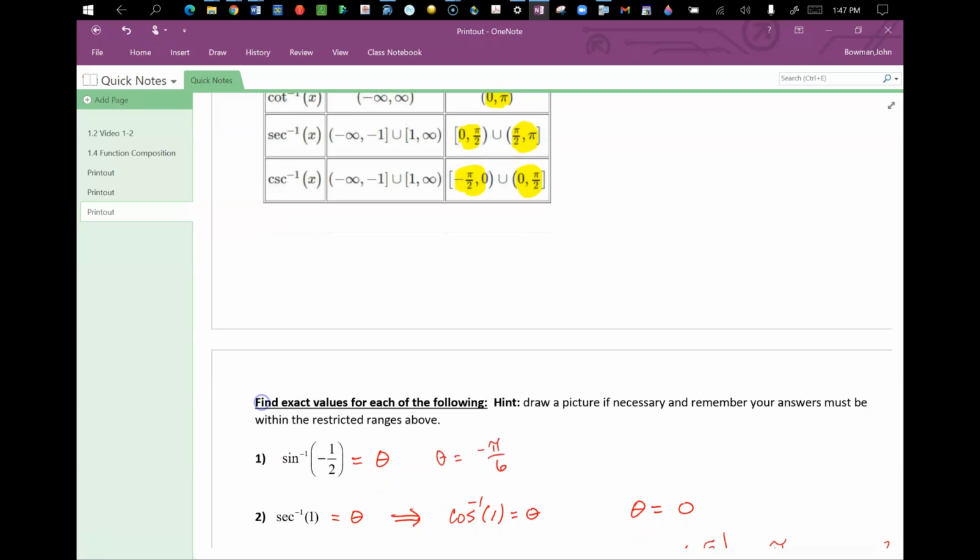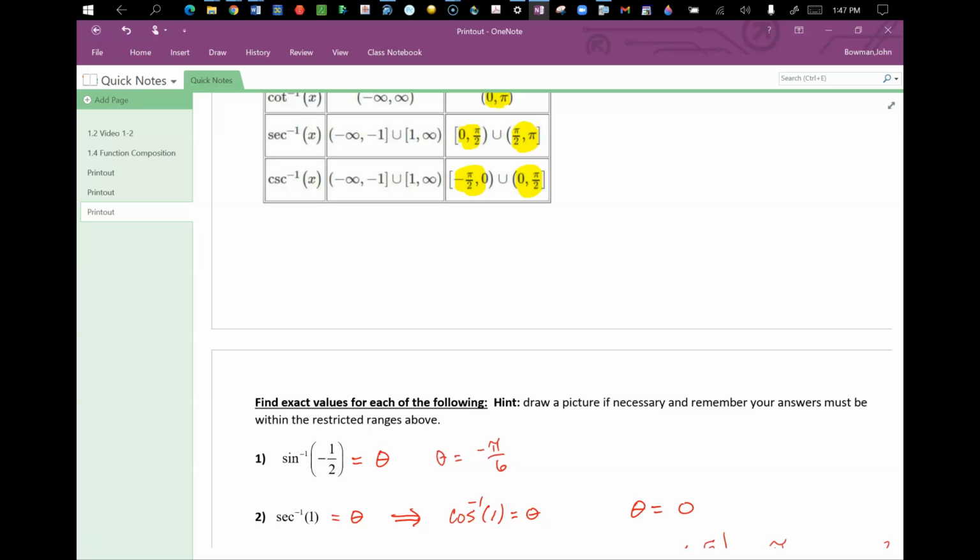In the next one, you're thinking what angle between 0 and pi over 2, or pi over 2 and pi, so basically in the first or the second quadrant, has a secant of 1.